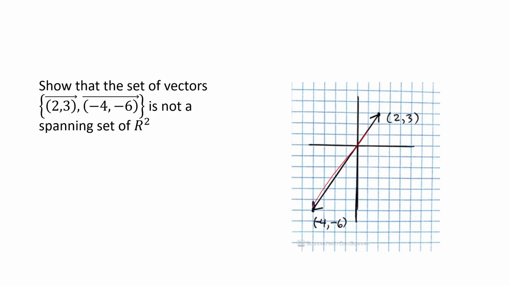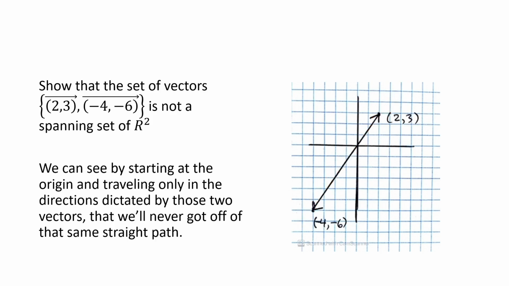Perhaps intuitively we can see that following these two vectors continuously, we're never going to get off that red line. All we have to do is think of a vector that's not on that red line, and we'll be able to show that we cannot achieve that vector by only using (2, 3), (-4, -6), and multiples of them.